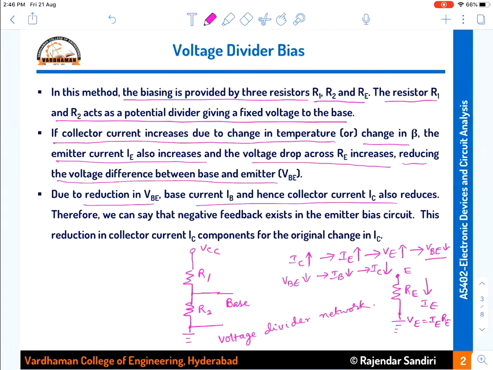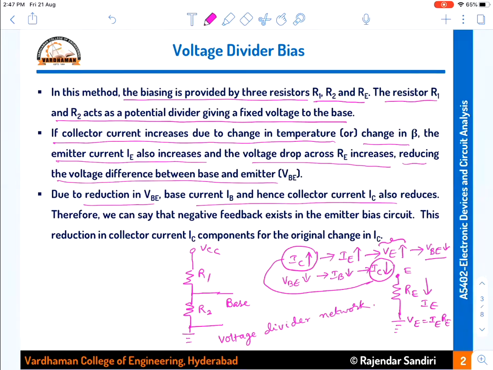That means an increase in IC is converted to a decrease in IC with the help of the emitter resistance and the drop across it. That is how any increase in the collector current is again made to decrease because of this emitter resistance.